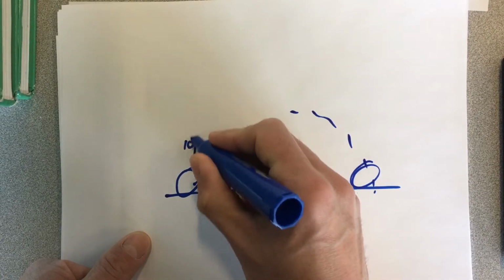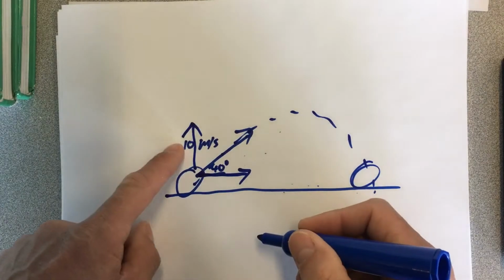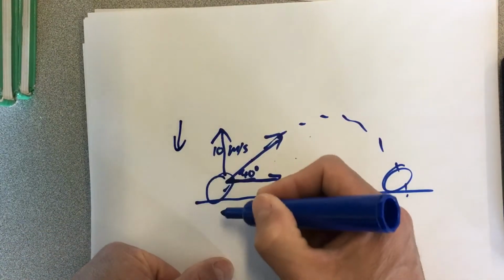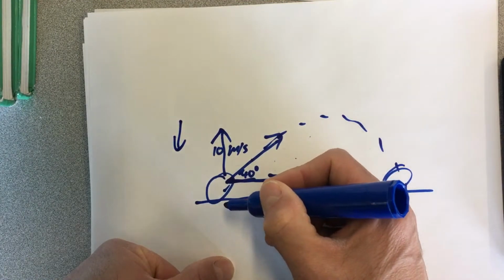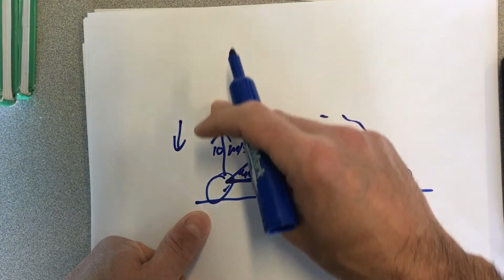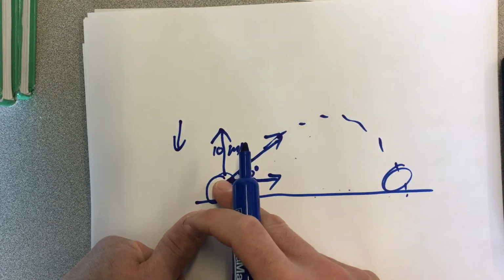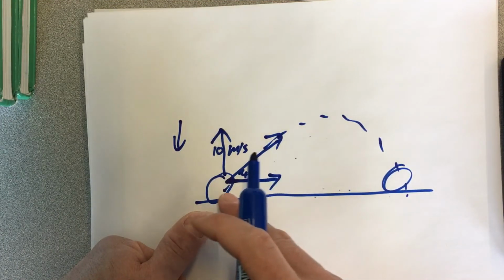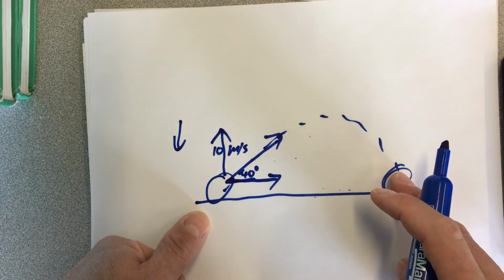One forward and one upward. We used the upward component and the fact that acceleration due to gravity is 9.8 meters per second squared down to determine how much time the ball spent in the air. We then used the time in the air and multiplied it by the forward velocity to determine how far forward it went in that time.